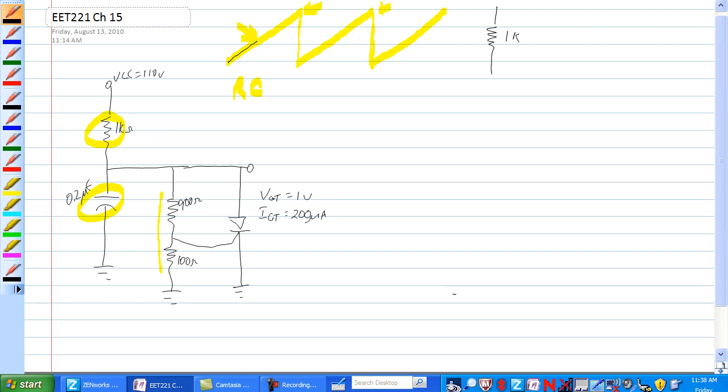We have our 1K ohm right here. We have a cap that's charging. We also have a 1K ohm, which is a combination of the 900 and the 100. So that's this one.